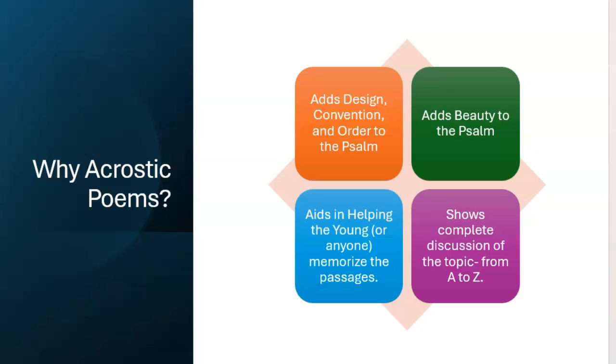If we have a psalm that goes from A to Z, it might also indicate that we have what the psalmist considers a complete discussion of the topic. Like we might say, this is a discussion of grace from A to Z. That might be what the psalmist is indicating as well. But I think it's a structure and I think it's beauty. And so I wanted to introduce you to some of those.